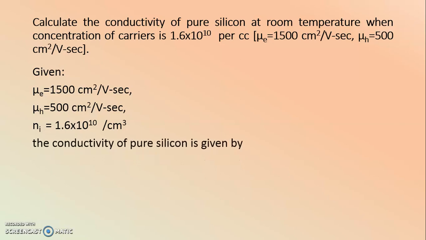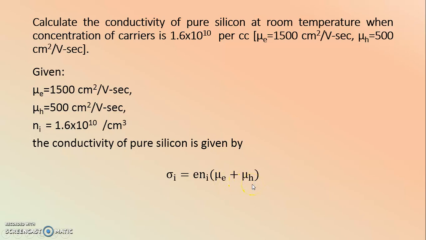Now the total conductivity of pure silicon is given by the formula sigma is equal to e n suffix i into, in a bracket, mu suffix e plus mu suffix h, where e is charge, and n suffix i is the carrier concentration of holes and electrons, which will be the same. In the bracket is the mobility of electron plus mobility of hole.